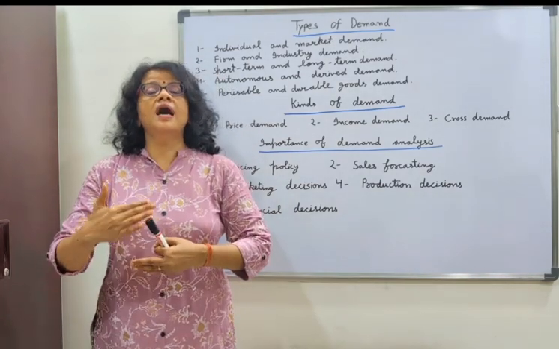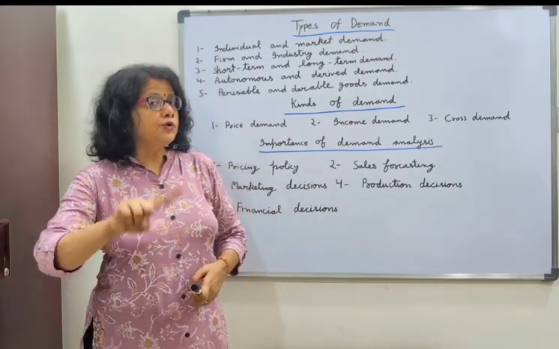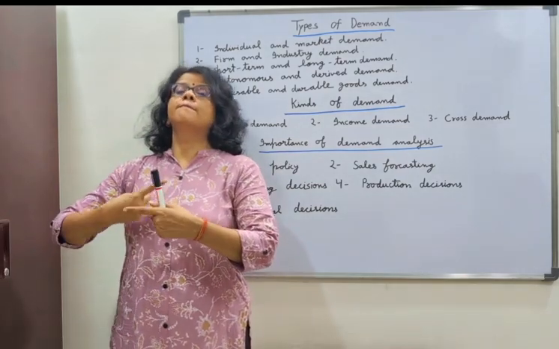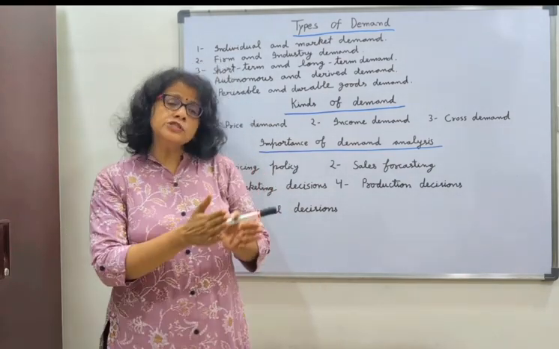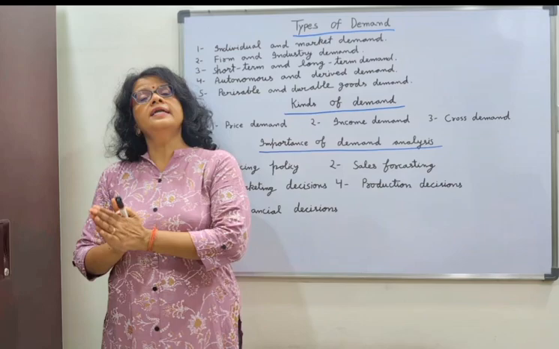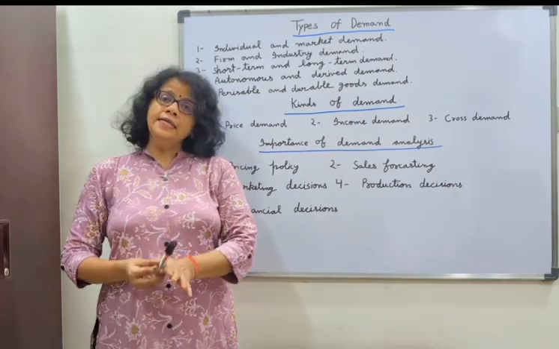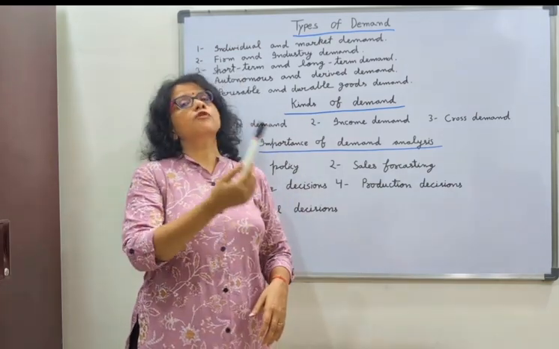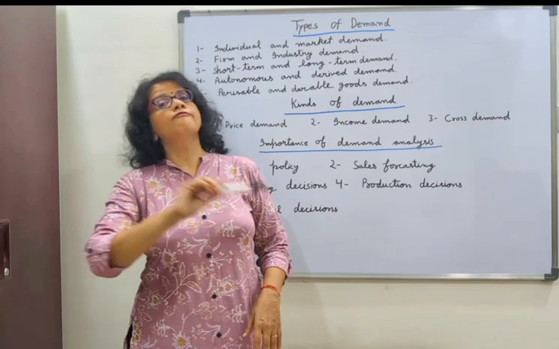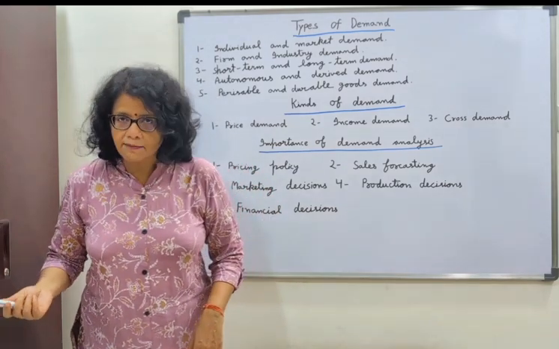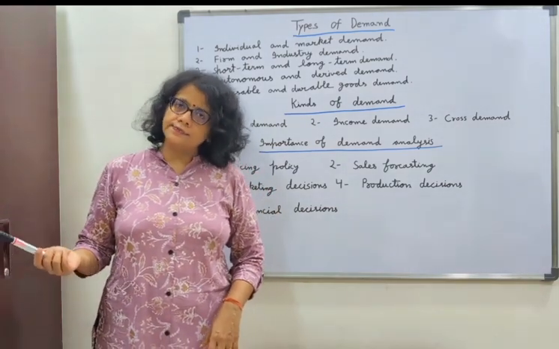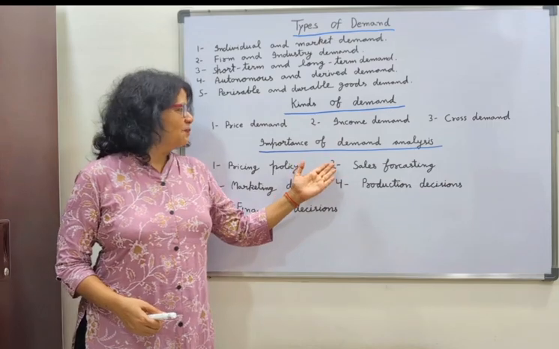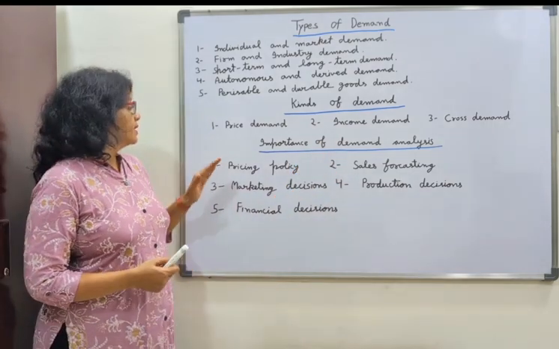Even then, its demand is decreasing due to the change in the price of a pen, because complementary goods are demanded together, and the change in the price of one product will affect the demand of another product.